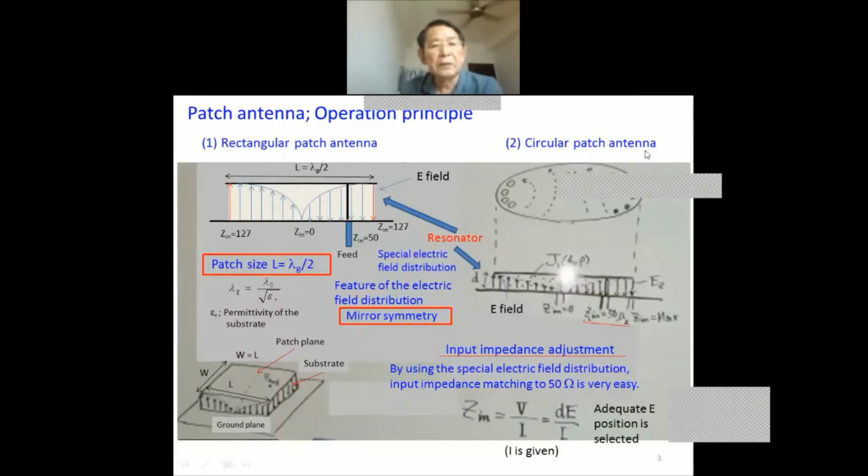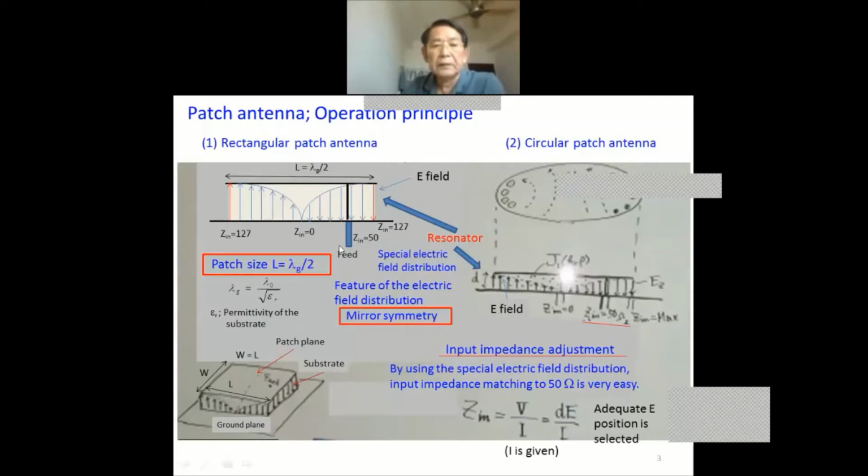In the case of the circular patch, the distribution is almost the same. By using this special electric field distribution, input impedance adjustment may be achieved very conveniently. This shows the input point.